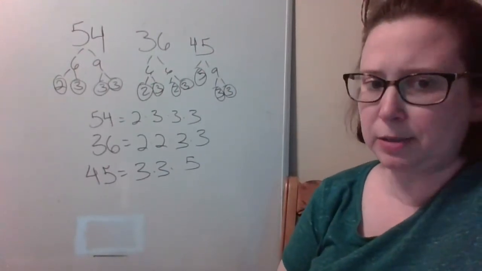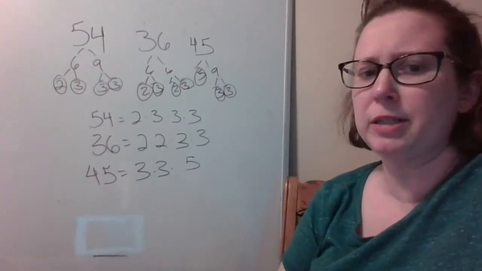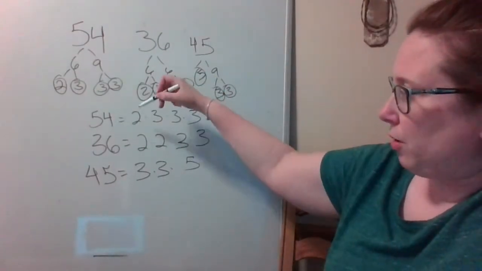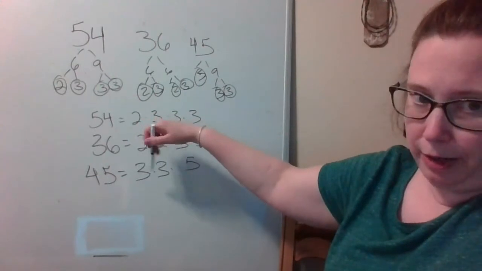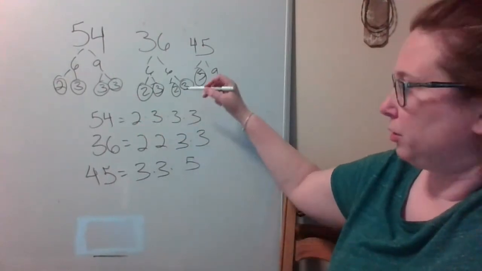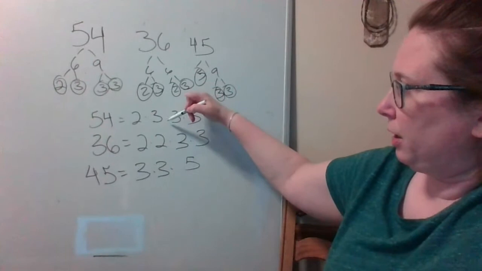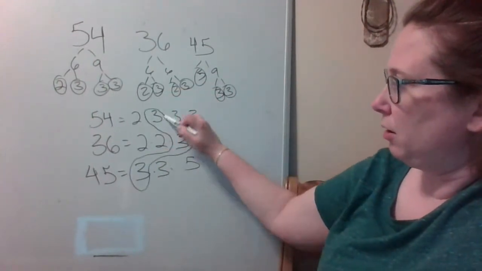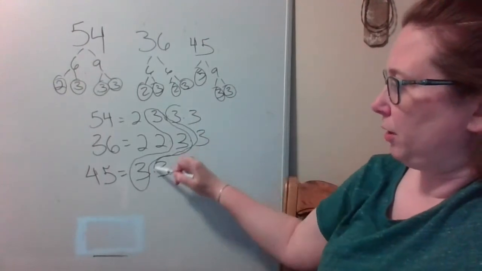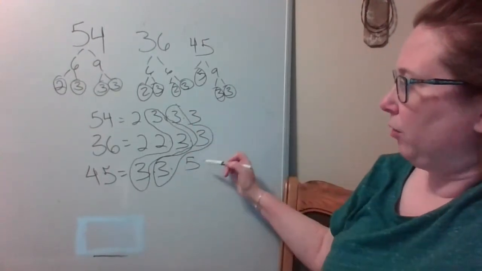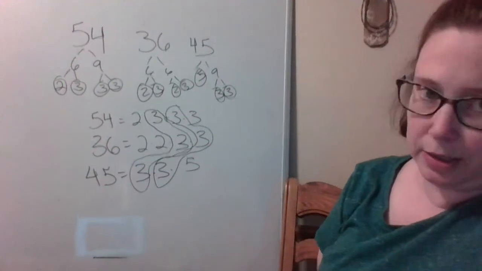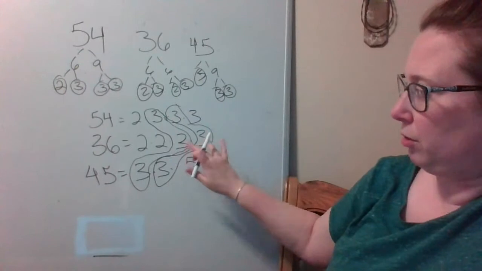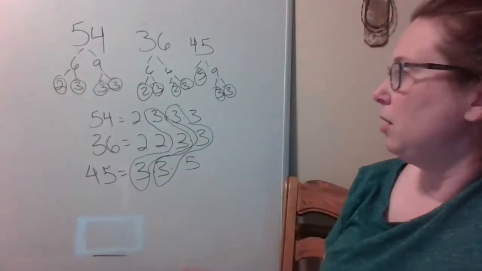So now that we have our lists, we have to figure out what is everything that is on all 3 lists this time. So I have a 2, but I don't have a 2 in this list, so I don't circle the 2s. Here I have 3, 3, and 3. And then I have another 3, 3, and 3. I only have 5 on this list, so that doesn't count, and this 3 is left alone because I only have 2 3s, 2 3s, and 2 3s.